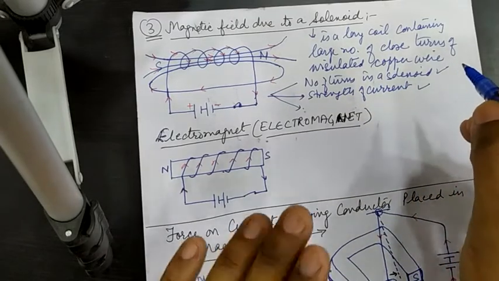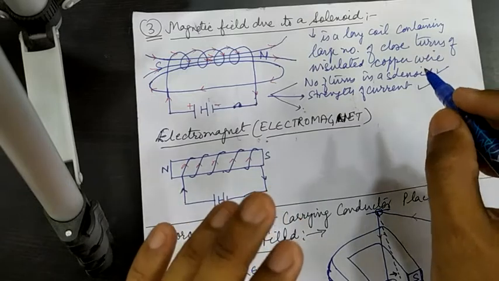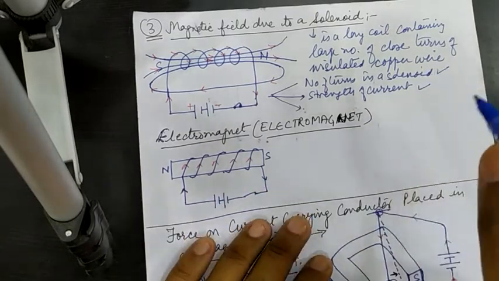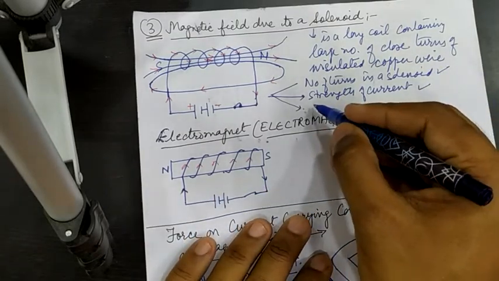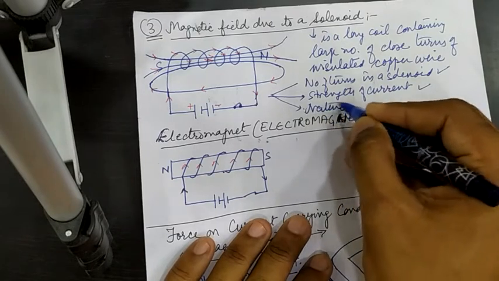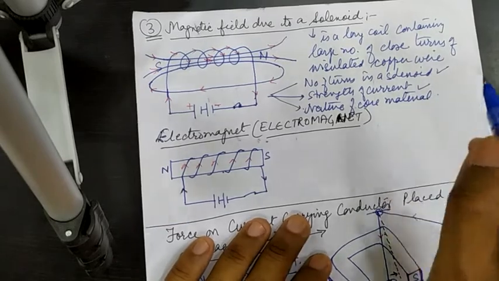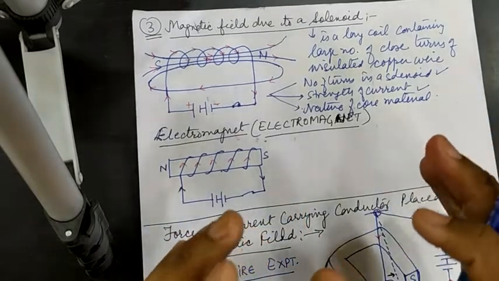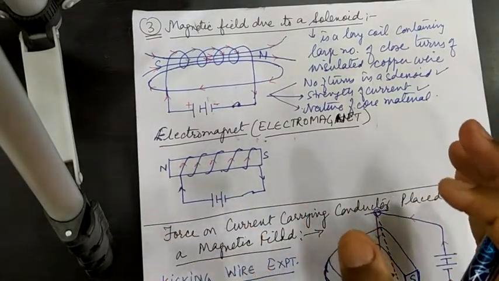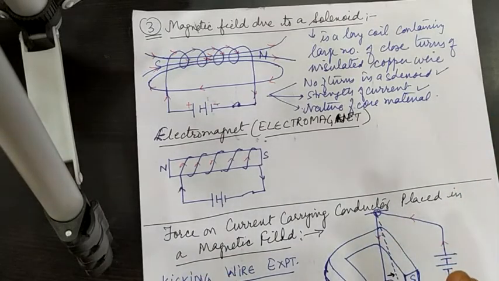The larger the current passed through this solenoid, the stronger the magnetic field produced. And lastly, the nature of the core material that is being used. We generally use a soft iron rod as a core in this solenoid, so it will produce the strongest magnetism.